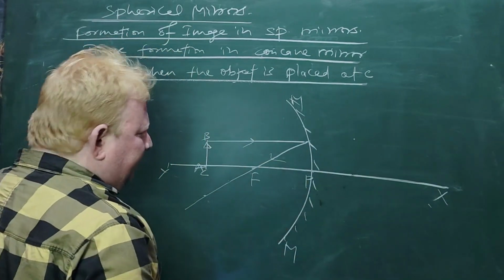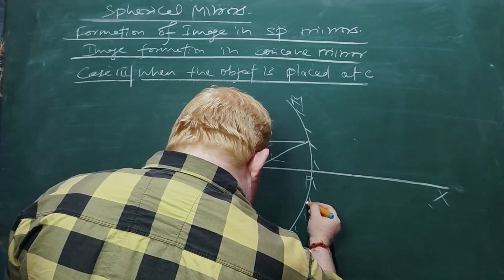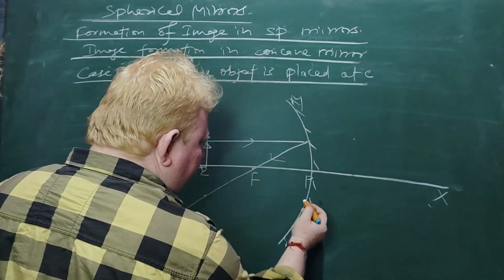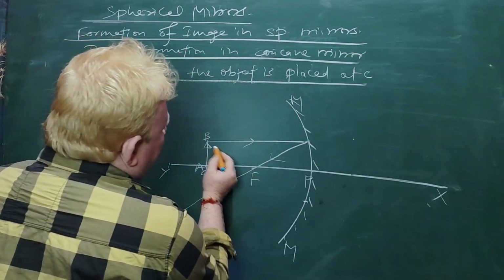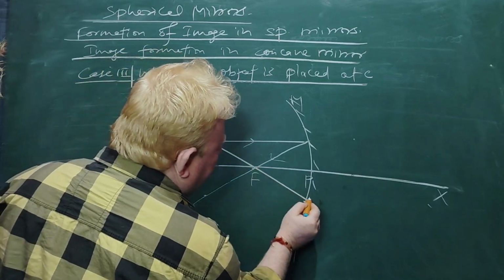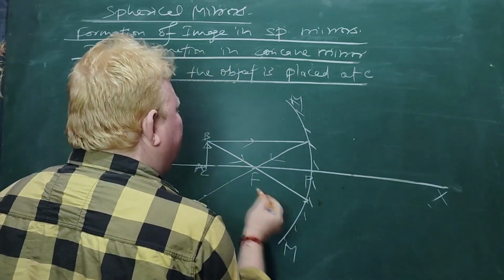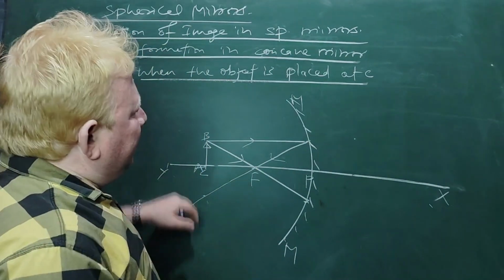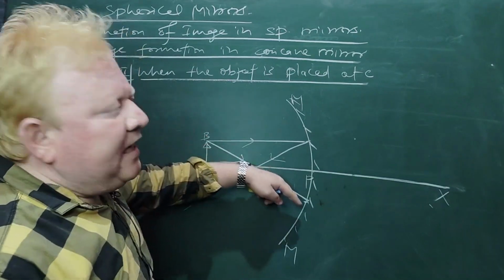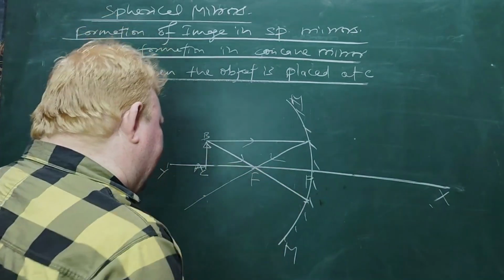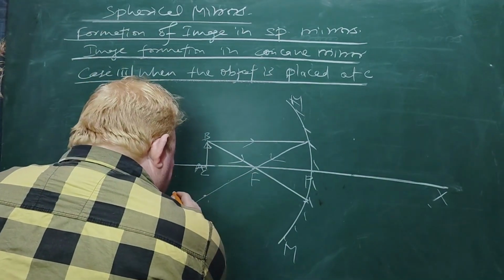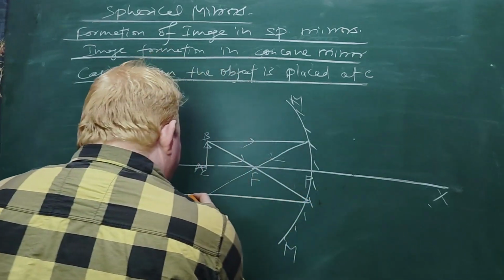Now one more ray we will take in order to form an image. So this second ray I am taking passing through focus. See, this is the incident light and reflected light will be parallel.